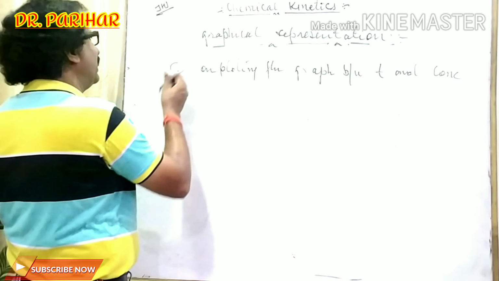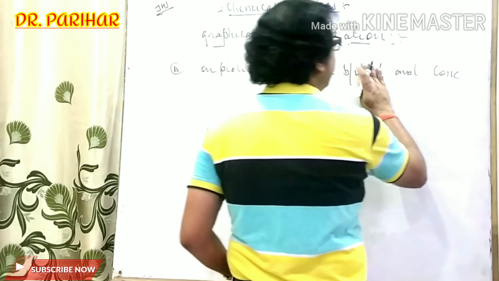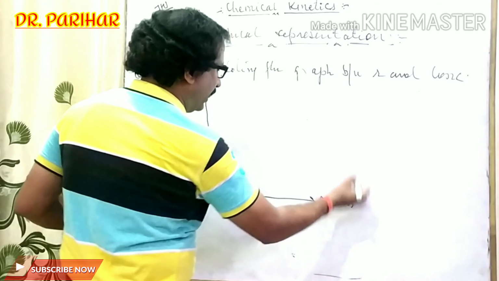Under the second condition, on plotting a graph between rate and concentration like this, along the y-axis and this one is the x-axis.